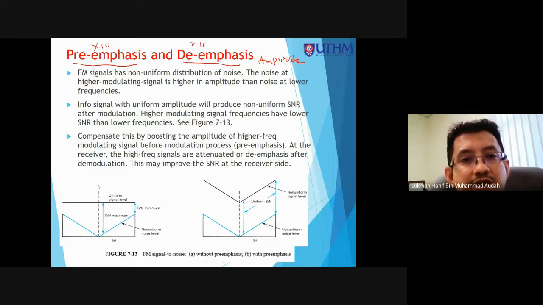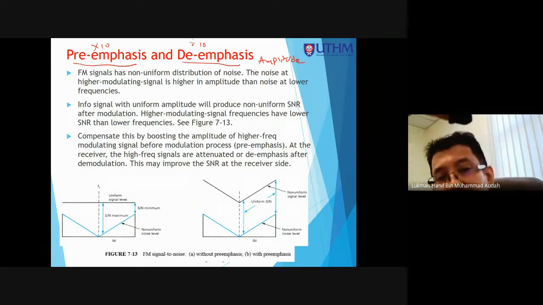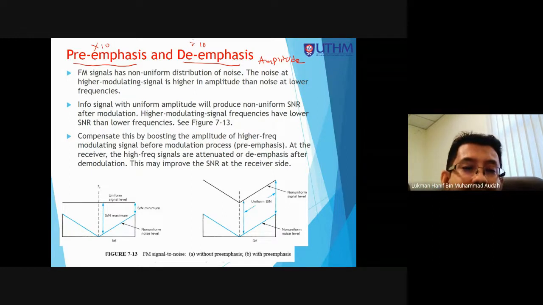I must divide with 10 again, so that I can make it back to the original shape. Kalau saya naikkan, maknanya saya kena turunkan semula. So supaya kita dapat signal yang sama pada output. Okay, dia mesti seimbang.